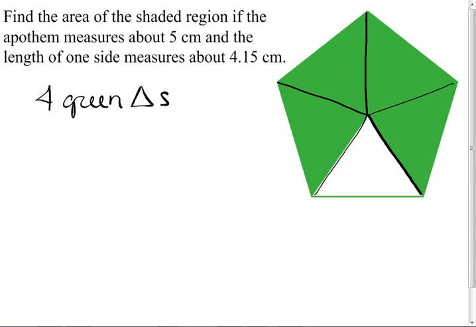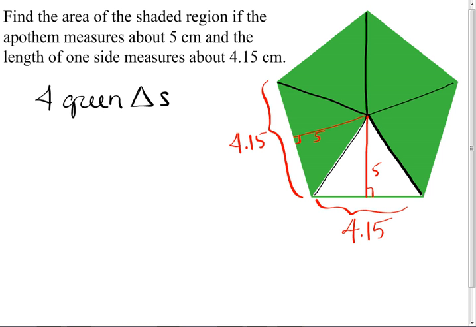Okay, let's see what I have. I have the apothem is 5 centimeters. That's 5. This is also 5. They're all 5. And the length of one side is 4.15. Then they're all 4.15. That's right.